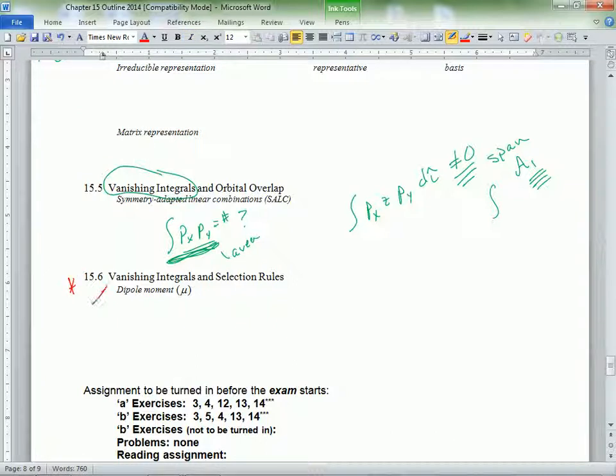So this is what the homework is going to hit on a lot. How do you pick these vanishing integrals? How do you pick selection rules? So page 443 on the top. And I want to write a little expression here first.